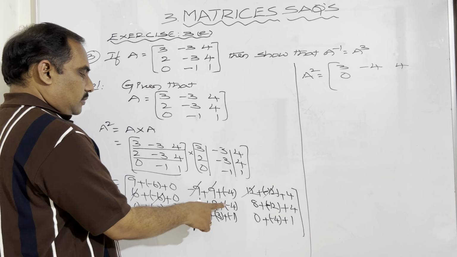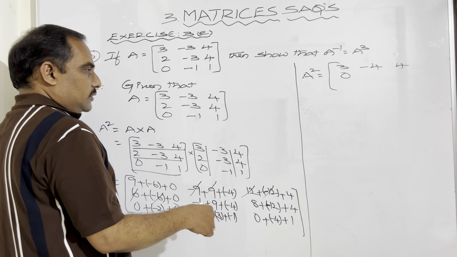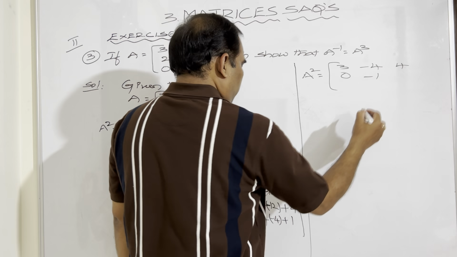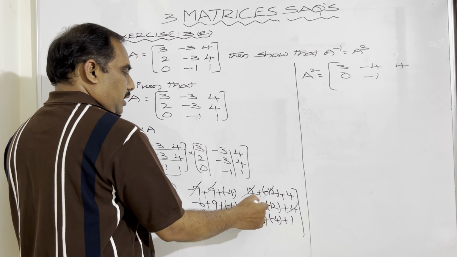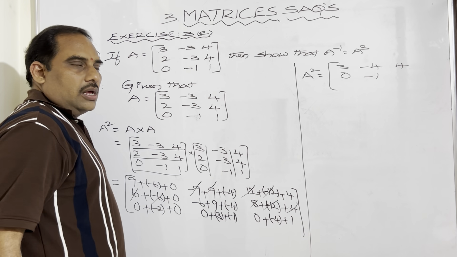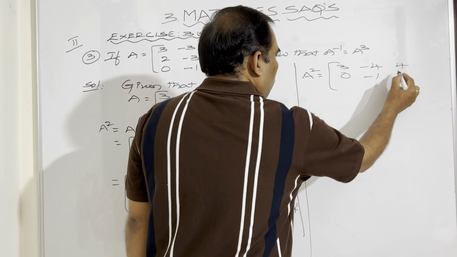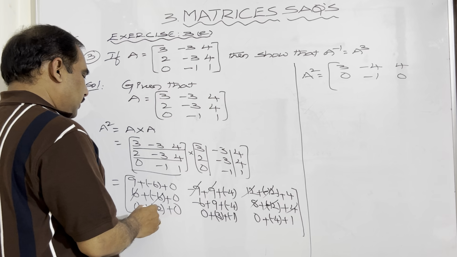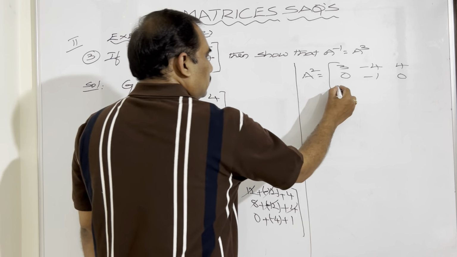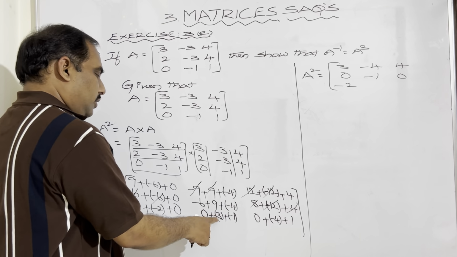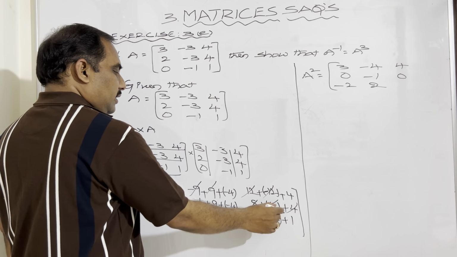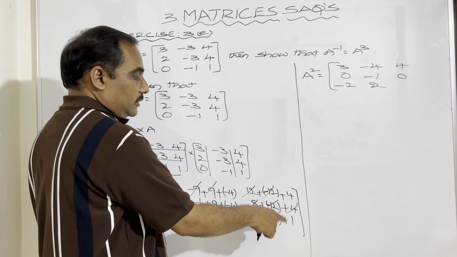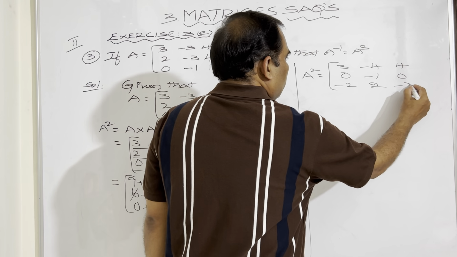Here minus 6 minus 4 is minus 10, plus 9, that is minus 1; 8 plus 4 is 12, minus 12 gets cancelled, that is 0. Here minus 2, and 3 minus 1, that is plus 2. Minus 4 plus 1, that is minus 3.